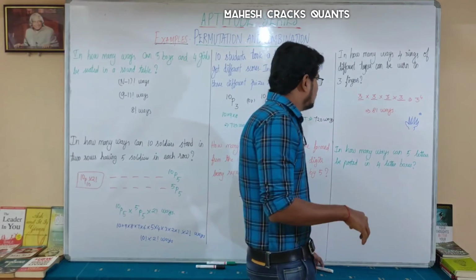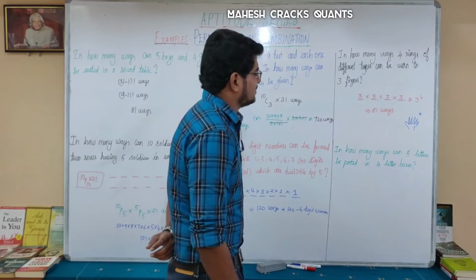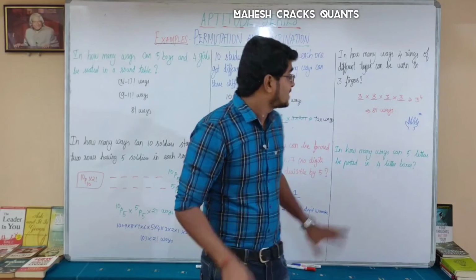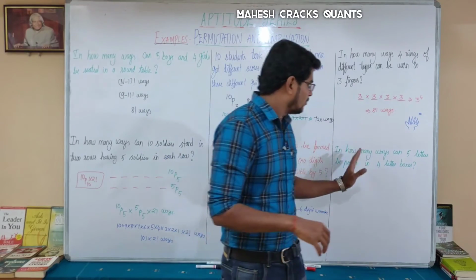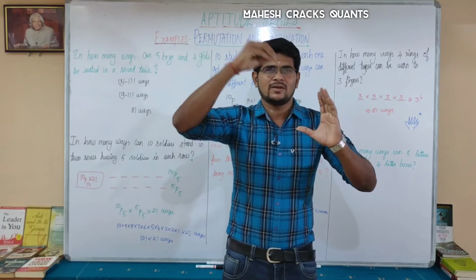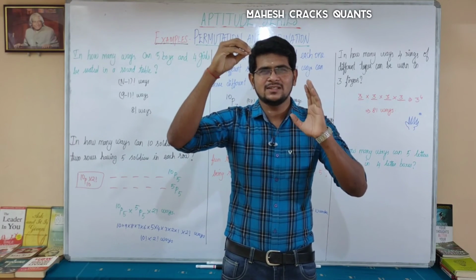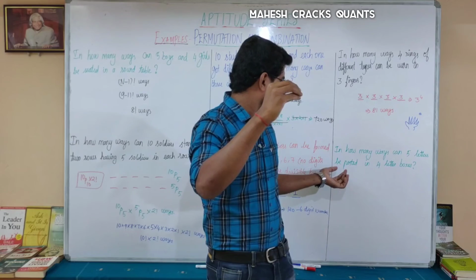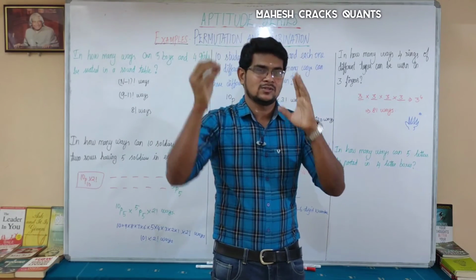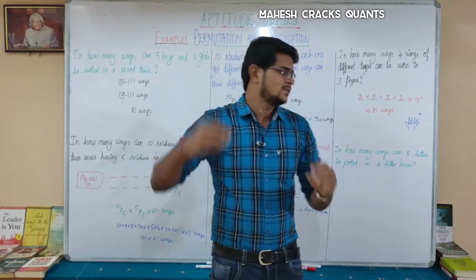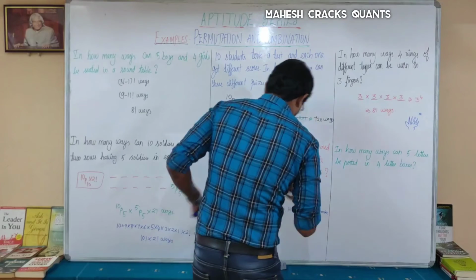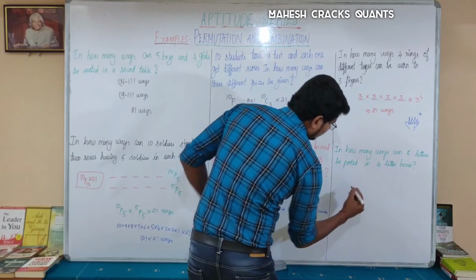Okay, that's it. Next one: in how many ways can 5 letters be posted in 4 letter boxes? Same kind of question, with the same explanation: this is the letter boxes and the number of letters. How many letter boxes are there? 4. How many letters are there? 5. I am posting letters into boxes.